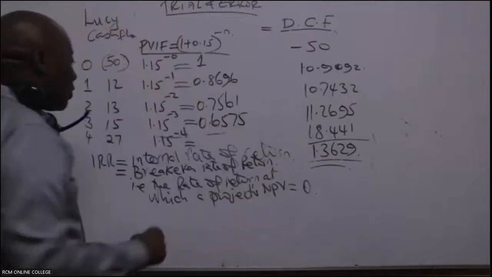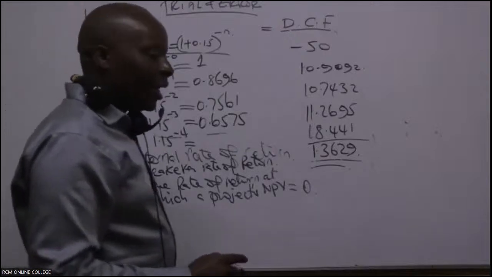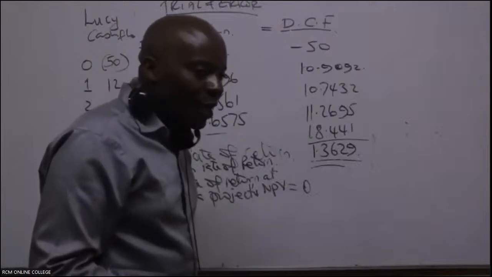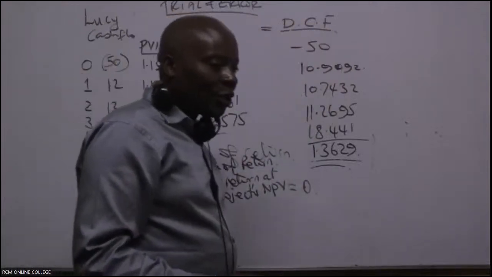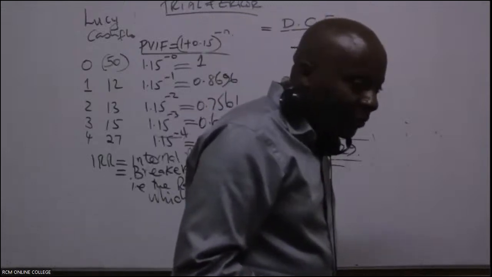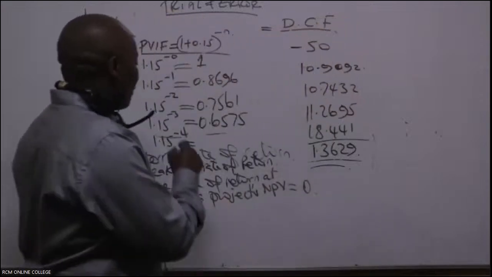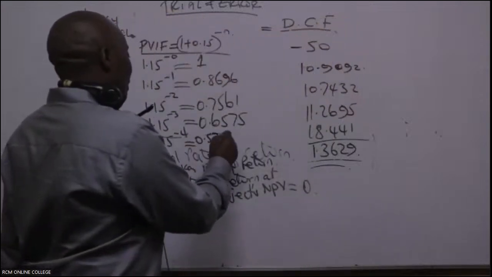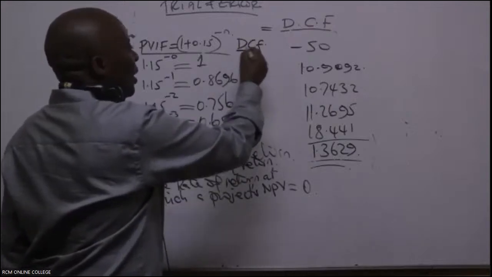The last one is 1.15 raised to negative 4, and according to Anne, we have 0.5718. Betty is giving me 0.57175. So then I would want you to create a column for discounted cash flows.